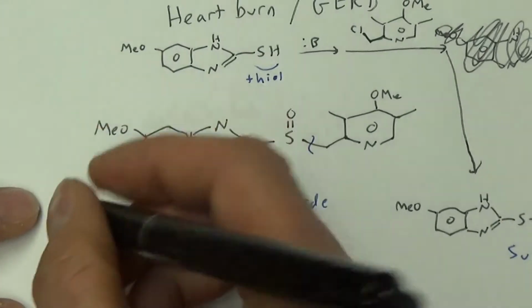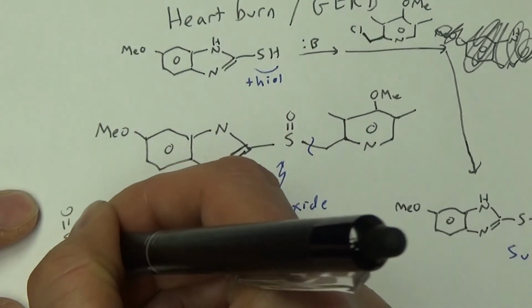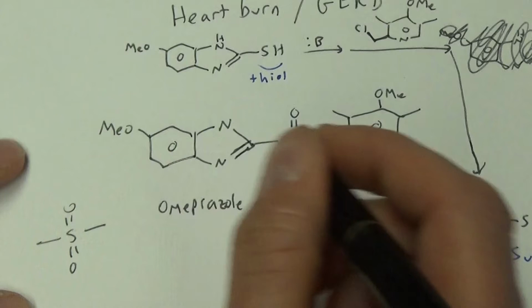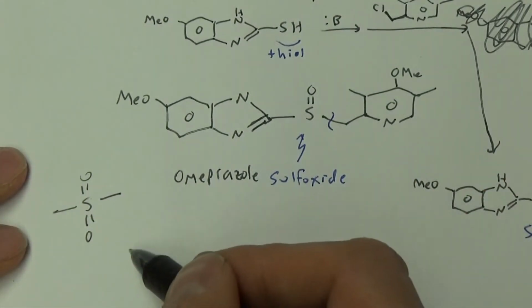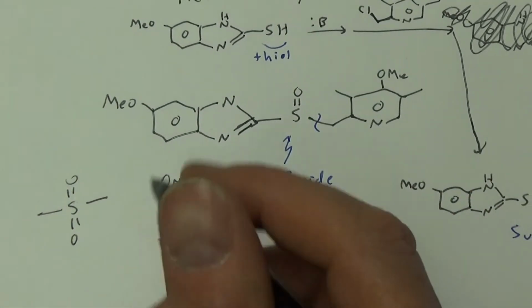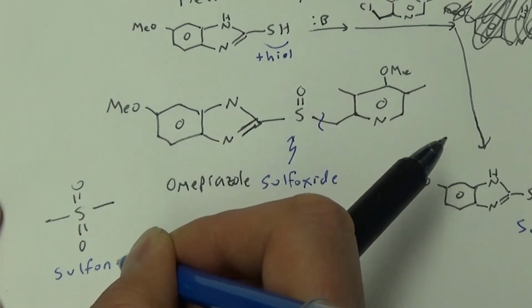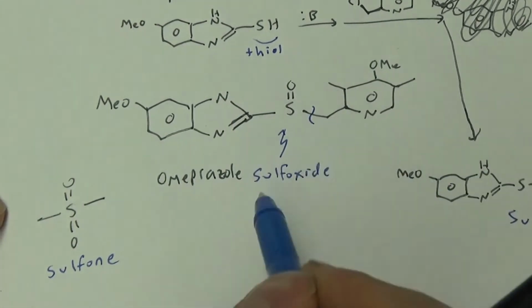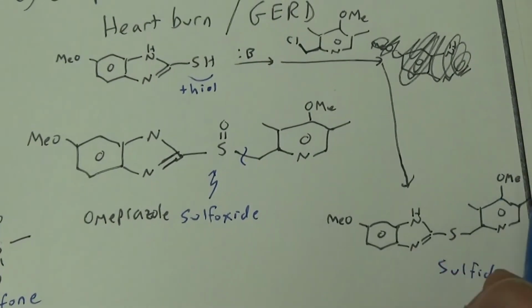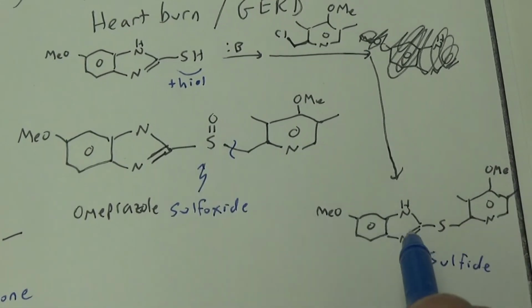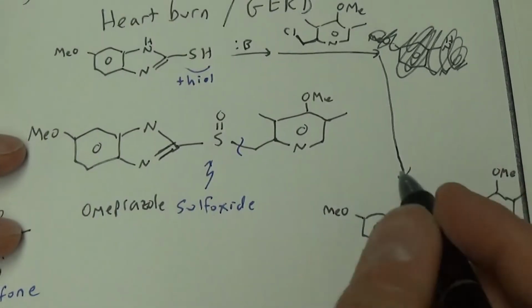You'll see that from time to time. It's not a sulfoxide. Anybody know what it's called? It's a sulfone. Okay, so we just reviewed some of the naming for sulfur functional groups. Okay, so we got here. Now, what's the net thing we have to do here to finish this synthesis off?